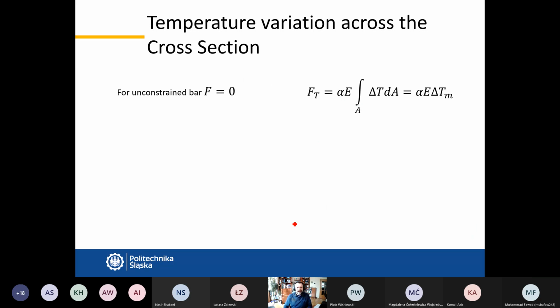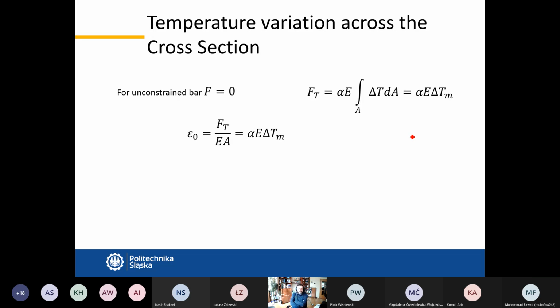If the bar is unconstrained, there is no interaction between walls, there is no external force, nothing. So there is only Ft observed. So F is 0. So Ft is given like that. This is a recollection of what was before.